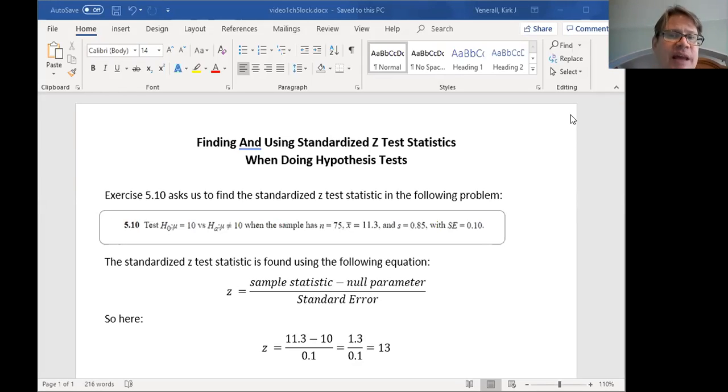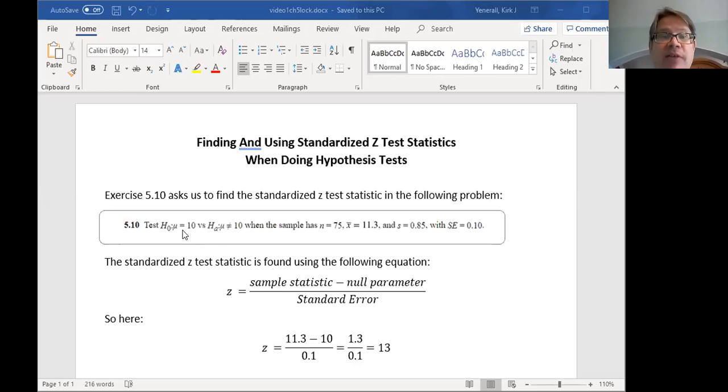The first example that we're going to take a look at today is a problem from your textbook, exercise number 10 in section 5, that deals with standardized z-test statistics. Suppose that we were given a hypothesis test, and the null hypothesis was that mu, the population mean, is equal to 10.